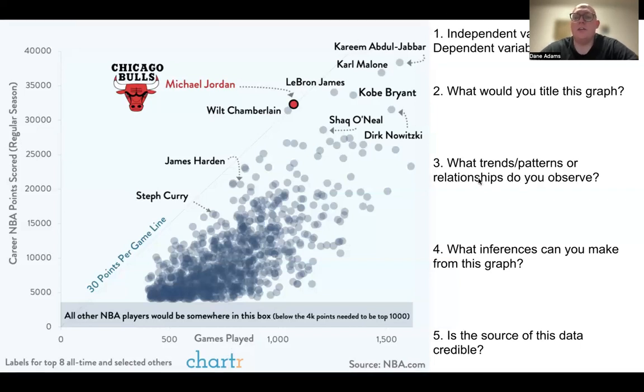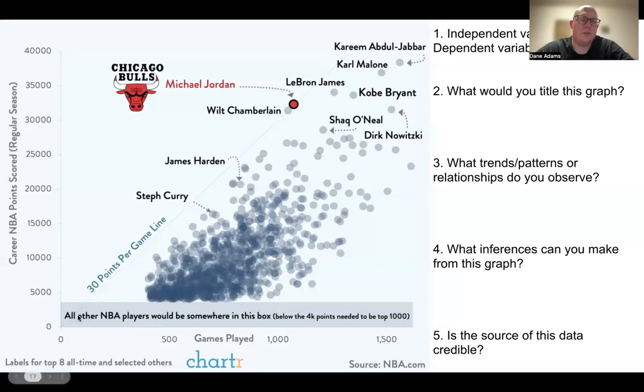Number 3, the pattern or relationship is, I think, pretty clearly obvious, which makes sense. The more games you play, the more points you score. 4 says, what inferences can you make? Obviously the more games you play, the more points you score, but I don't think that's what the graph is actually trying to show us.